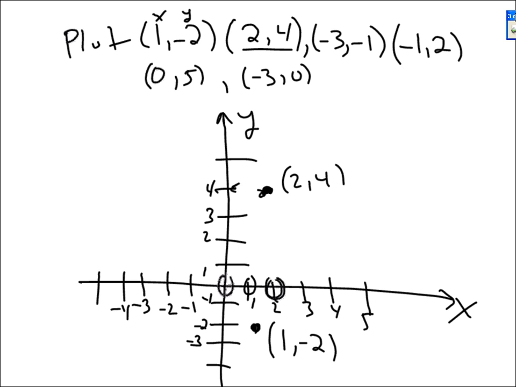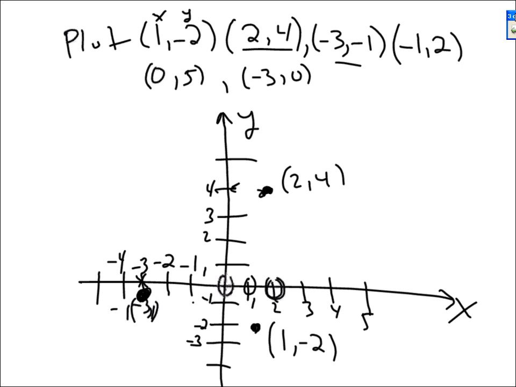Negative 3, negative 1. Go to negative 3 on the x, and then go down 1, which looks like right there. Maybe it would have been better if I numbered them on top.